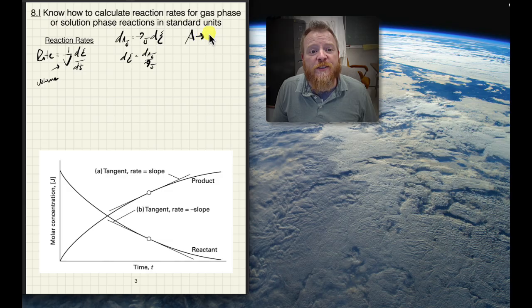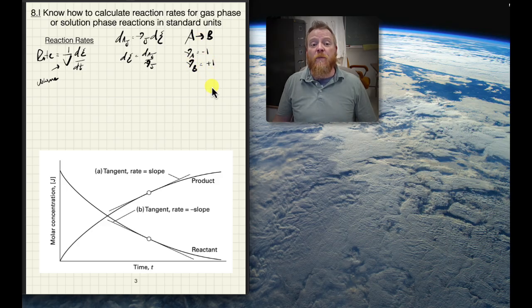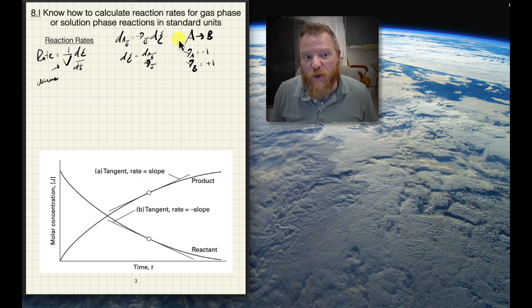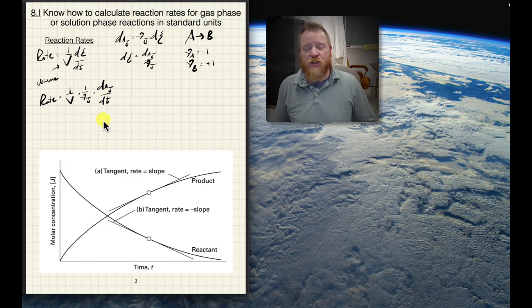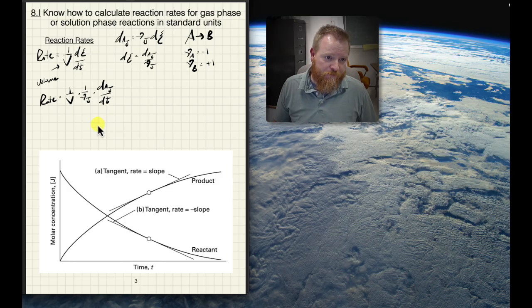So recall for a simple reaction like the following, the stoichiometric coefficient for A would be -1, and the stoichiometric coefficient for B would be +1. Right? If there was a 2 in front of the A, it would be -2, and so on. Continuing along with this, we can write rate equals 1 over volume times 1 over the stoichiometric coefficient times the change in number of moles of species J divided by some change in unit time.